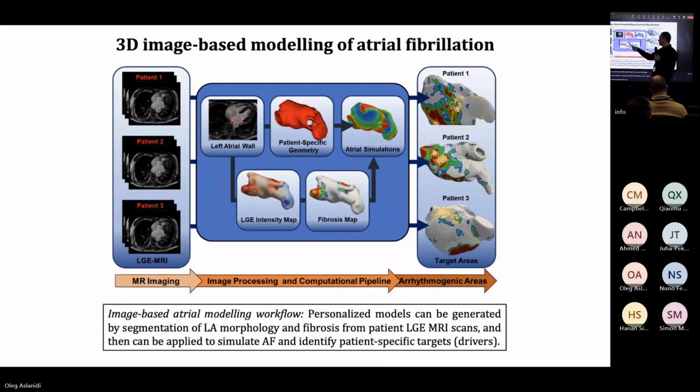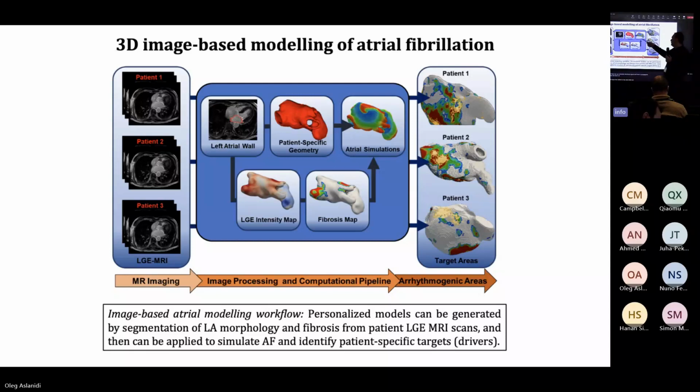From the color of the hyperintensity signal in the image, we can reconstruct areas of fibrosis. They are also clearly visible, and we already know how important fibrosis is in outcomes for the patient. And then we can simulate the electrical signal and how it propagates inside the heart. I will show the videos in the next slide.